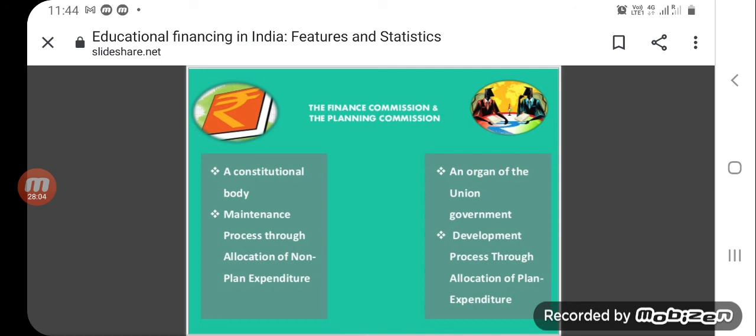The Planning Commission is a part of the Union government, and the Union government can control it. But the Finance Commission is a constitutional or statutory body, and the government cannot control it. The Finance Commission controls the maintenance process through allocation of non-planned expenditure, but the Planning Commission controls the development process through allocation of planned expenditure.